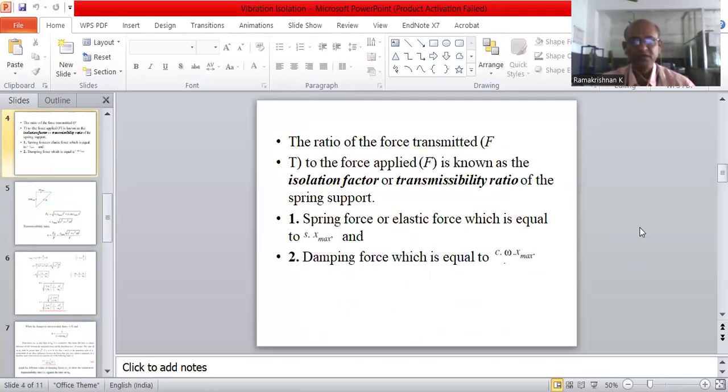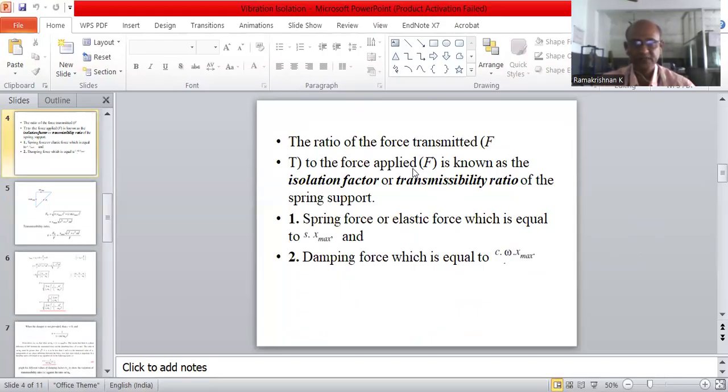Now, one more term you have to know in this regard is the transmissibility ratio or isolation factor. As we know, the machine generates a disturbing force of harmonic nature, F cos omega t, and the force is transmitted to the foundation through the dampers and the springs. The transmissibility ratio is the ratio of force transmitted to the force applied.